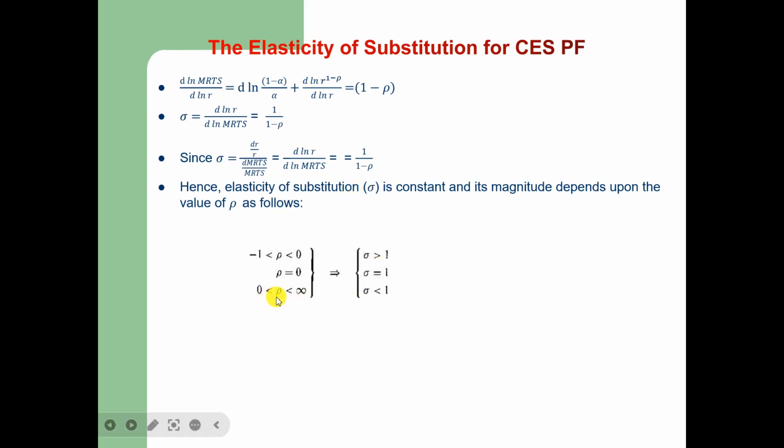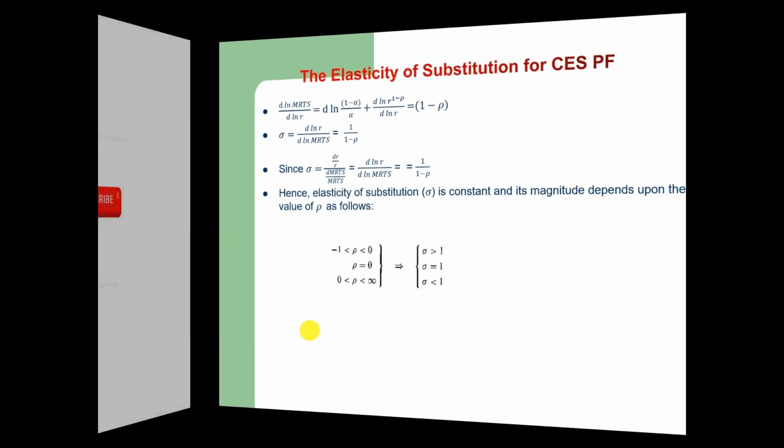If rho takes value between 0 and infinity, then the magnitude of elasticity of substitution is less than 1. So this is very straightforward and very interesting. I know the majority of students and colleagues are confused, but if you watch this video thoroughly a number of times, it will be easily understandable for you.